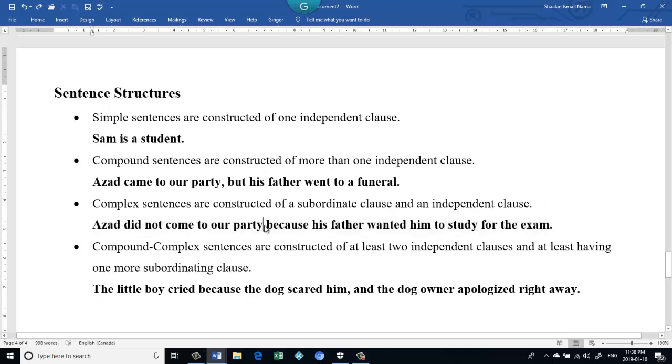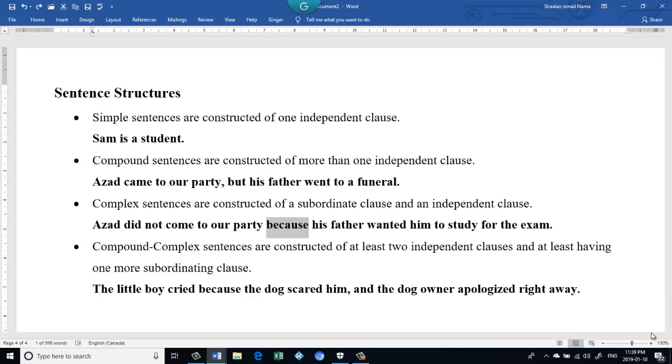If we look to this part, this is independent. It's perfectly done. And then we have the second part. If we look to this part also, it's independent. But we added two independent clauses to each other. Then we have to have a connector connecting the two sentences together. That's why we call them complex sentences.